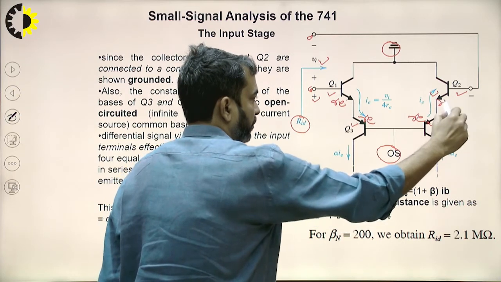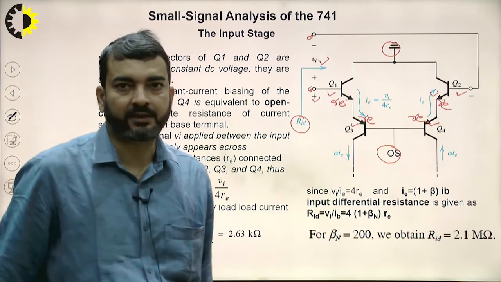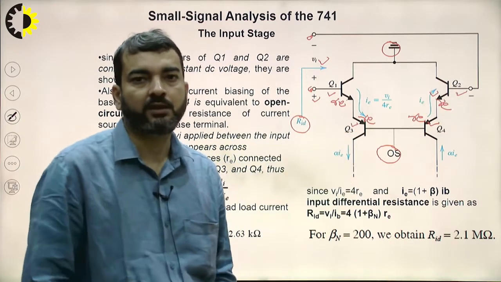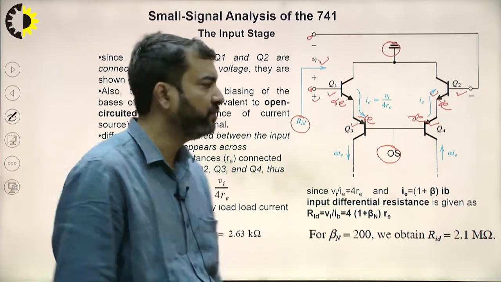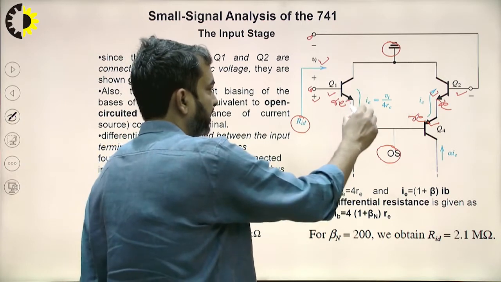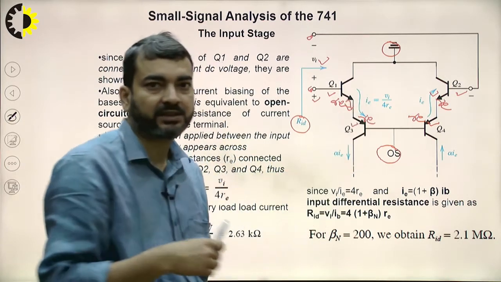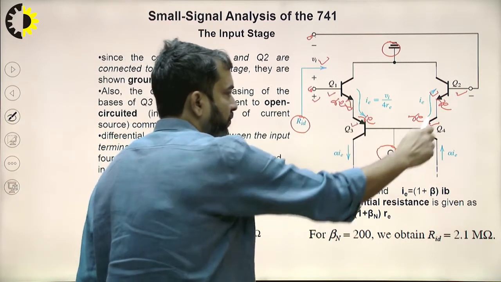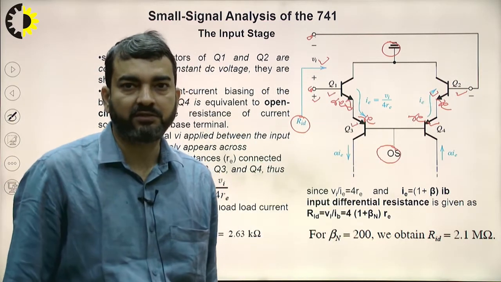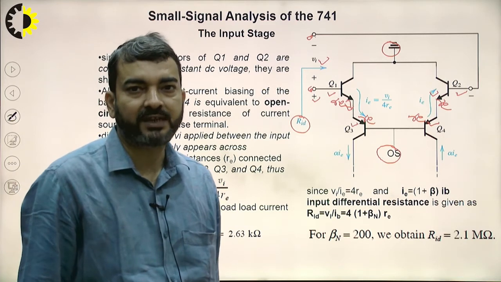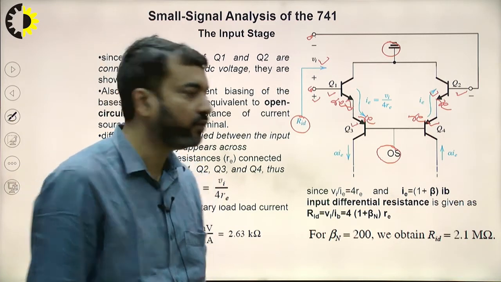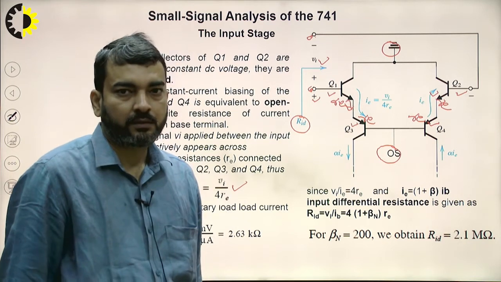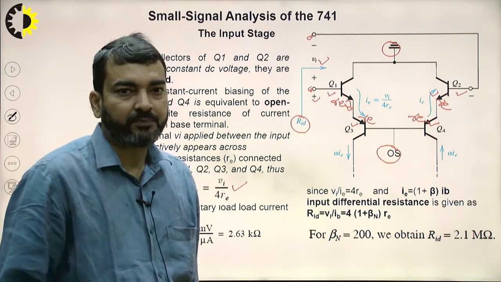So total 4 emitter resistances are present between the inputs of Q1 and Q2. The emitter current is effectively the differential voltage divided by all these 4 resistances in series, so differential voltage divided by the total resistance, that is 4 Re.